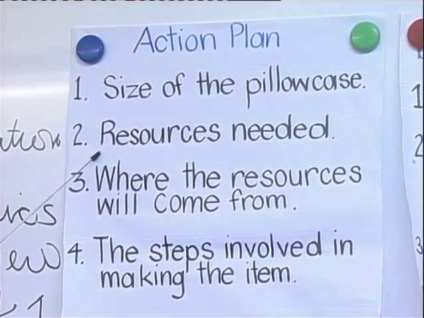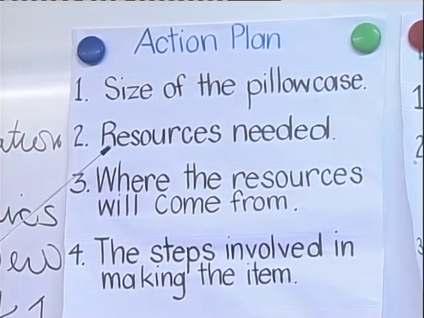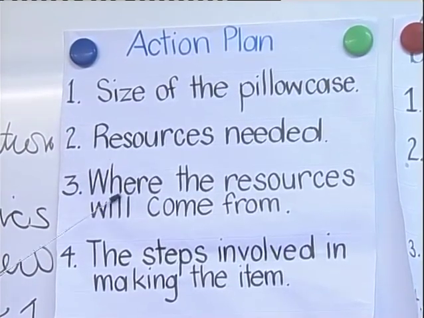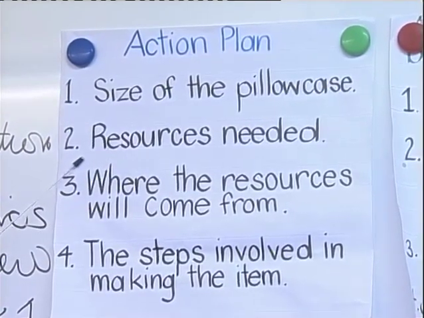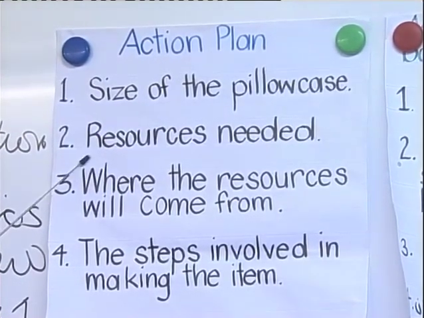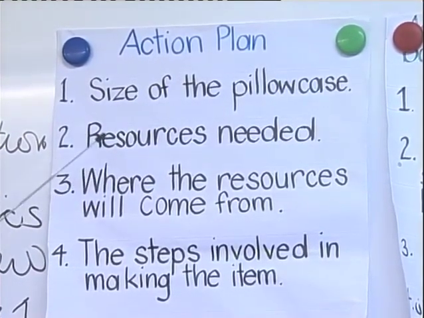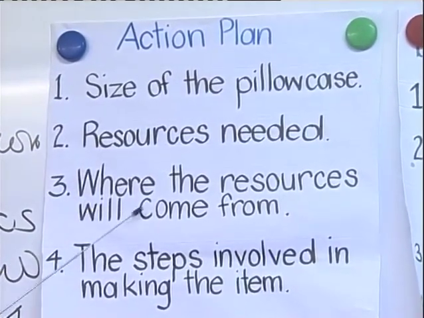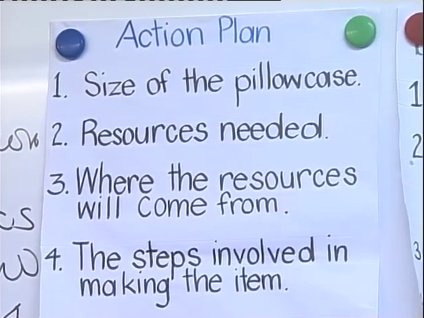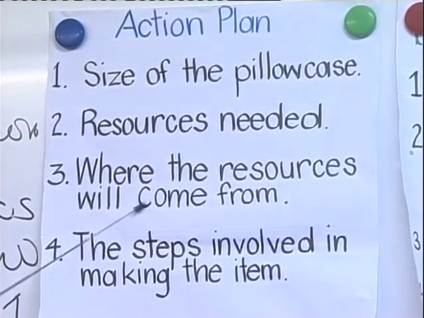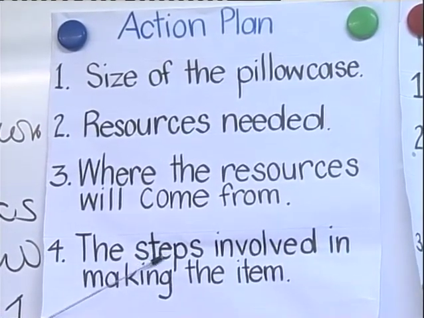We may all come up with our own sizes, so it will depend on what you and your friends come up with. 2, resources needed. Resources are materials that you need for sewing the pillowcase. 3, where the resources will come from. The things that you need, where are they going to come from? Where will you get them from?